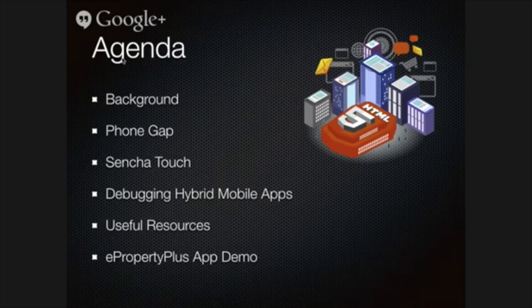Talk about a little bit about debugging some of these hybrid mobile apps. It's a little different, obviously, since it's running on hardware. It's not attached. You're dealing with emulators and hardware and different devices, and talk about that. Just some useful resources, and then I'll do a demo of the web app, the mobile app that we developed.